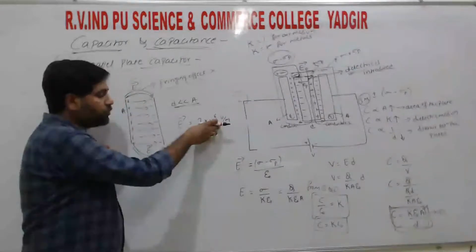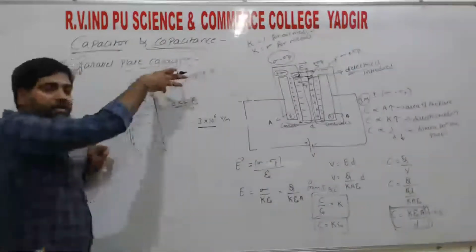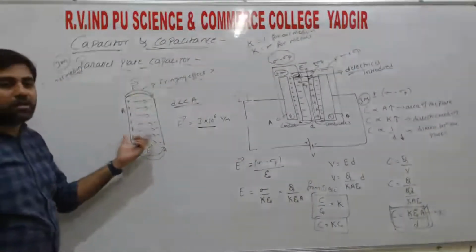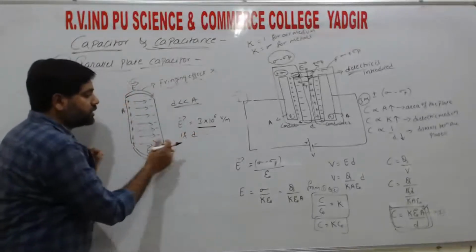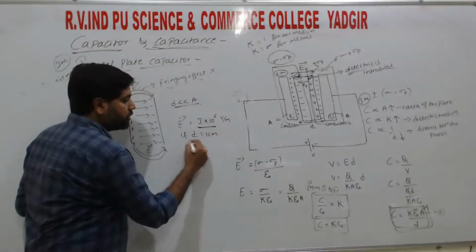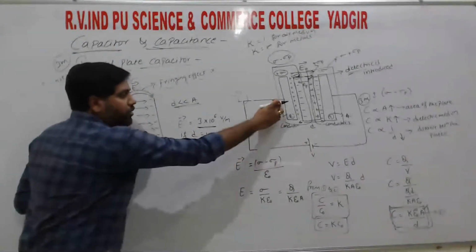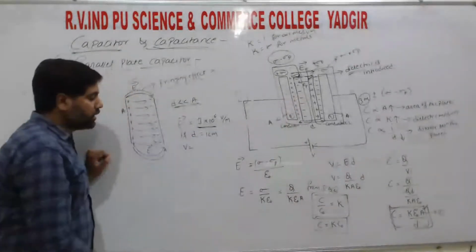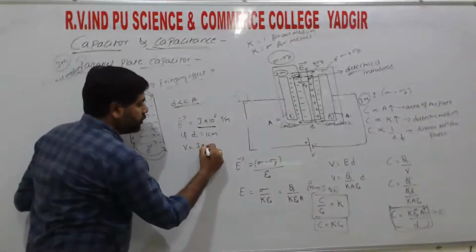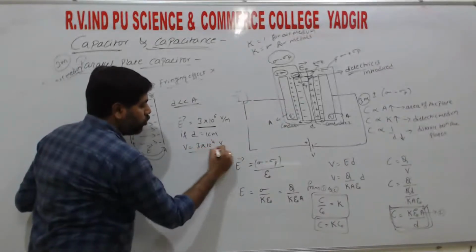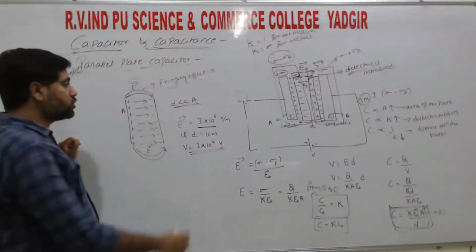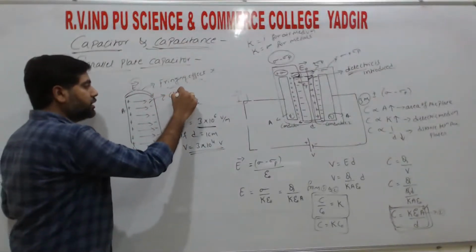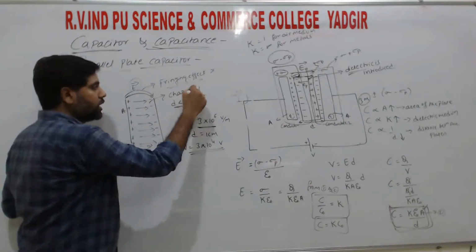When we apply this much electric field, we get the maximum storage of charges on the capacitor. If the distance between these plates is kept at 1 centimeter, then the potential applied between these two plates is about 3 into 10 to the power of 4 volt, right? Up to these values we can store the charges in the capacitor, right?